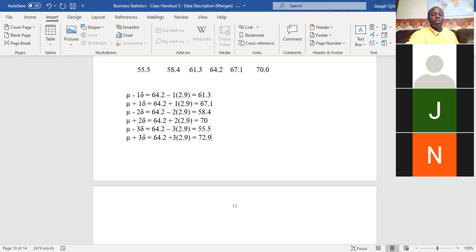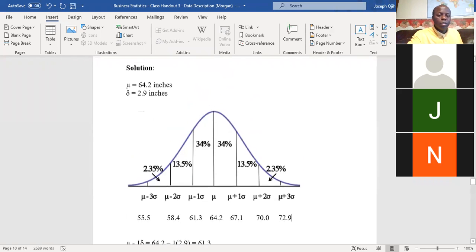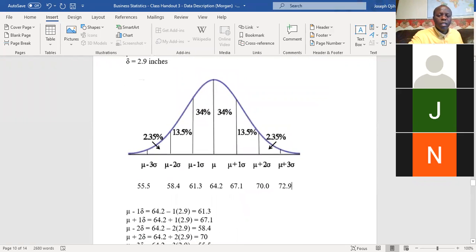So now we have everything: the mean is 64.2, on this side we have 61.3, for this one we have 58.4, and so on.